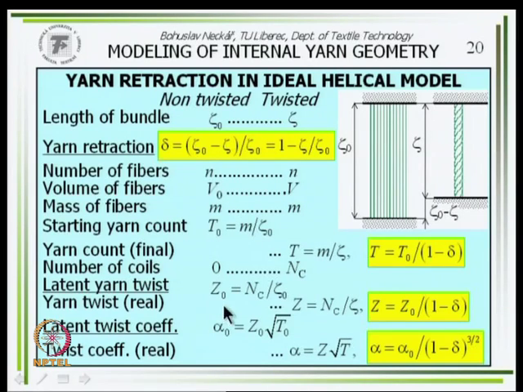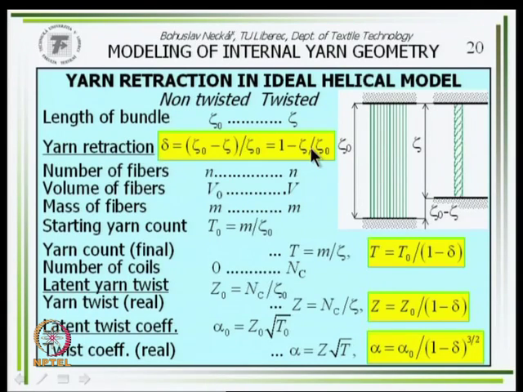This column here represents the non-twisted structure, the second column represents the twisted structure. So the length of the non-twisted bundle is zeta 0, twisted is zeta. Yarn retraction we define as the ratio zeta 0 minus zeta, this length, by starting length zeta 0.